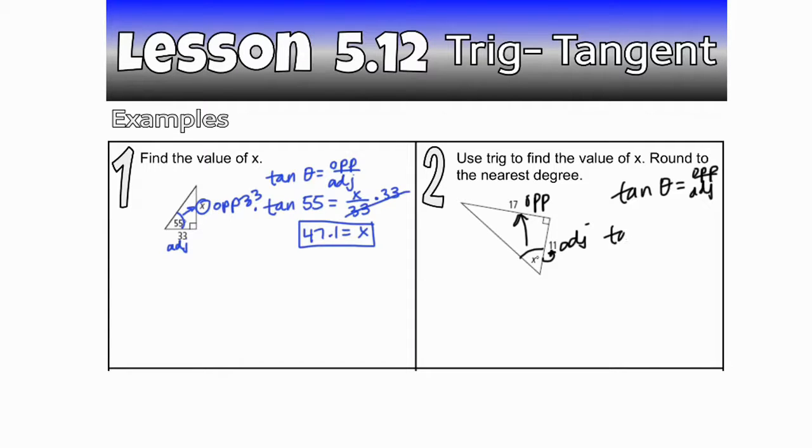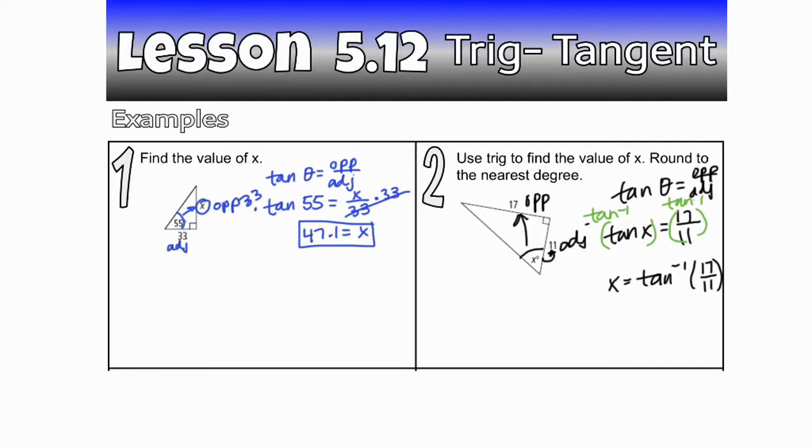So the tangent of x, which is what we don't know, is equal to the opposite, which is 17, divided by 11. Just like all the other times when we are trying to find an angle measure and we're trying to undo the trig, it's the inverse. So I'm going to take the inverse of each side. Remember, if you do something to one side, you have to do it to the other. So x is equal to the inverse tangent of 17 divided by 11.